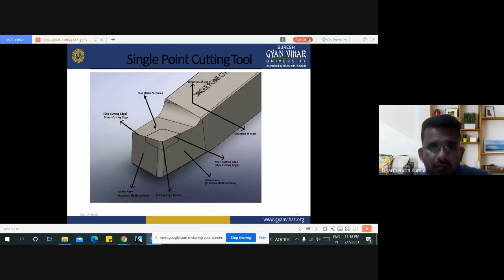This is known as the face or rake surface, where all cutting angles are associated. And this is the shank. The direction of cut is going in this direction, from here to here. So this is the overall dimensions of a single point cutting tool.